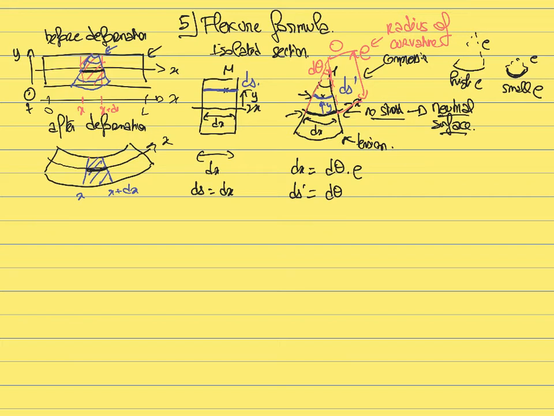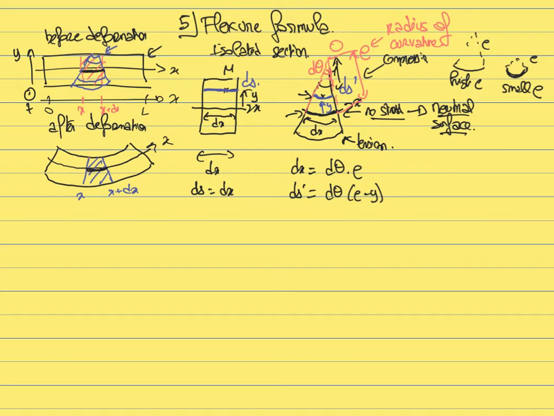So the new radius is rho minus y. If you remove y, that gives you the new radius associated to ds prime. So that gives me ds prime: again, the product of the angle times the radius.